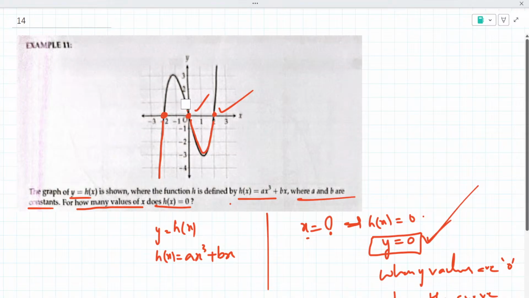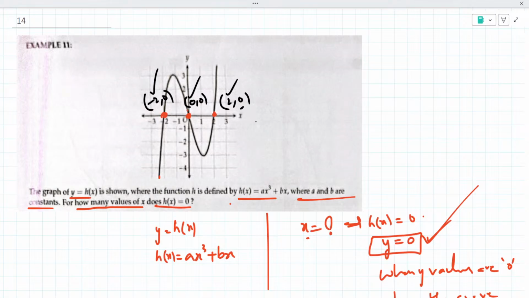If I write the points of this, here the point is negative 2 comma 0, and here 0 comma 0 and 2 comma 0. For three x values, y values are 0.